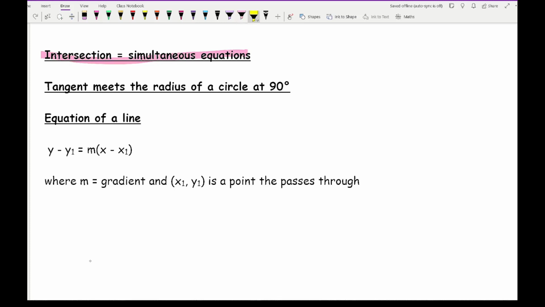The next concept is looking at circle theorems, in which a tangent meets the radius at 90 degrees, which therefore means that the gradient between the tangent and the radius, so let me just write this down, will equal 90 degrees.